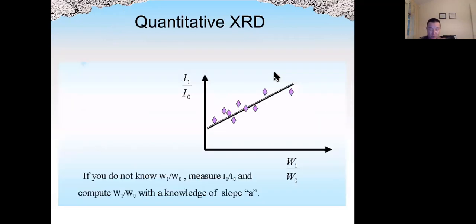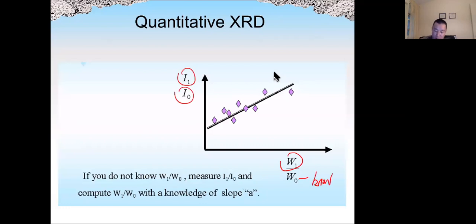So for a certain type of material, if we figure out what the unknown materials are, we can plot something like this. This is the relative intensity of the unknown material and the reference material. What we want to know is W1, and W0 is the weight of the reference material, which is also known.